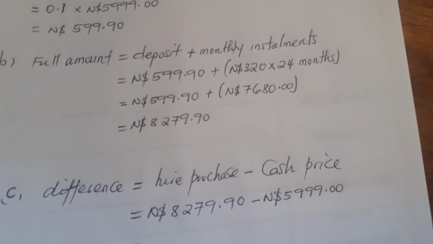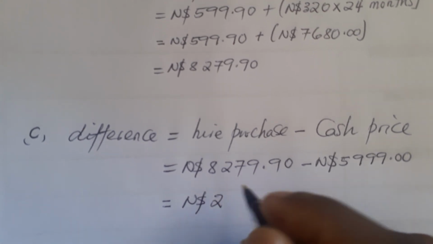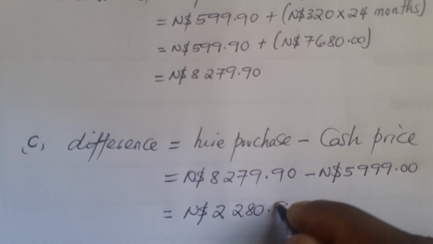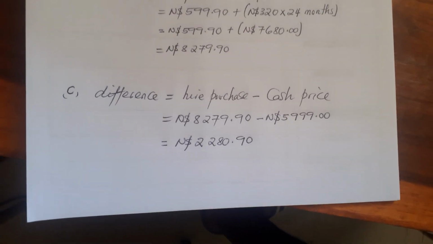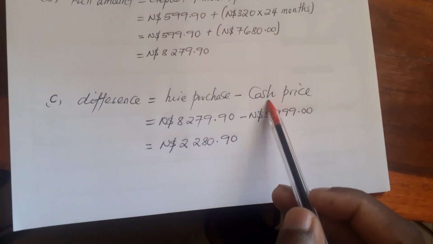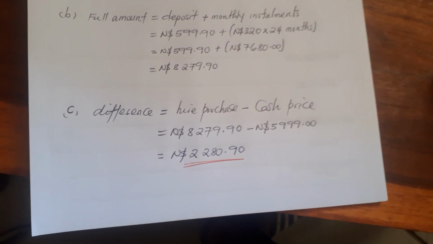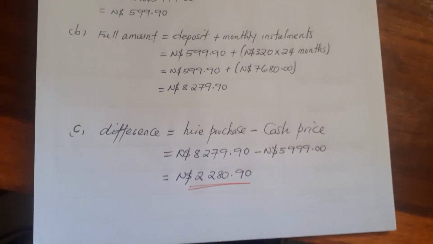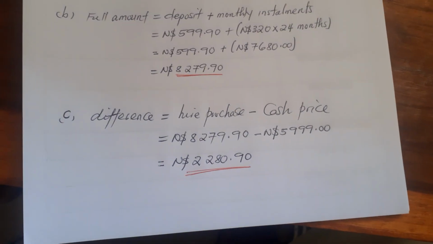You should get that the difference is 2,280 Namibia dollar 90 cent. So what this tells us is that if you were to buy the computer cash, you would have saved 2,280 Namibian dollar. Now, because you bought it on hire purchase, you ended up paying 8,000. Now, the question is, which option is the best?